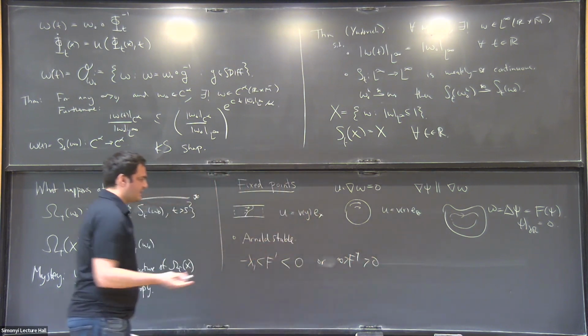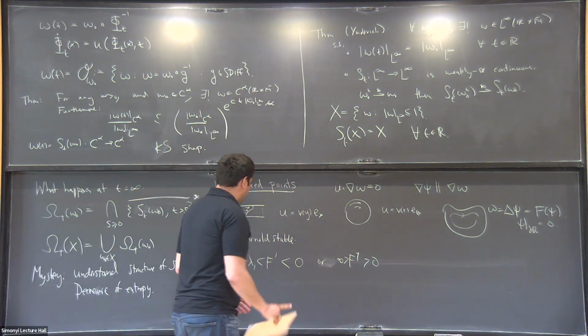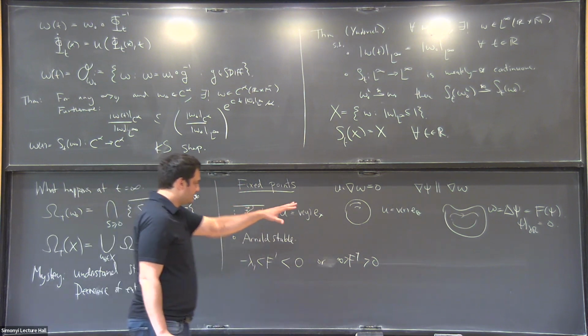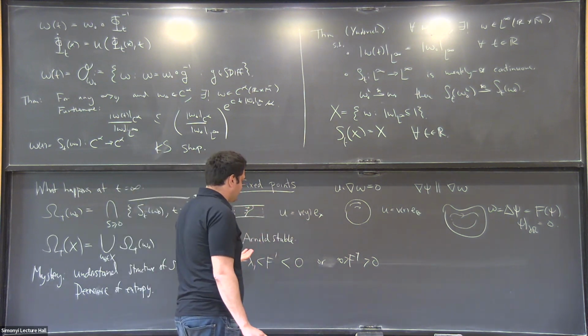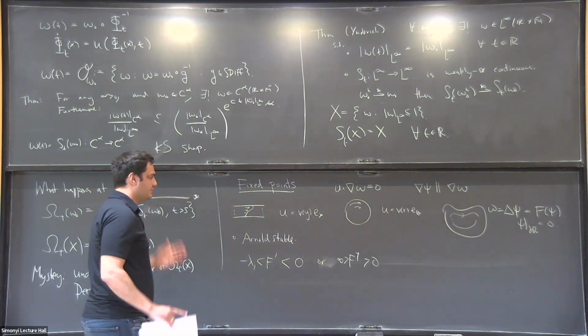There's type 1 and type 2, or type 2 and type 1 Arnold stability conditions. Under these conditions, you have solutions of this problem, and moreover, they are nonlinearly stable dynamically in L2 of vorticity.